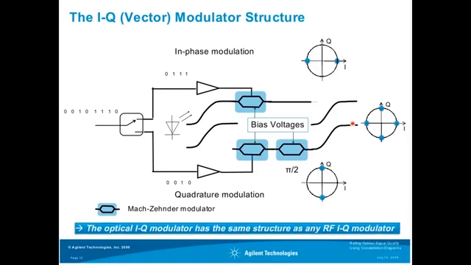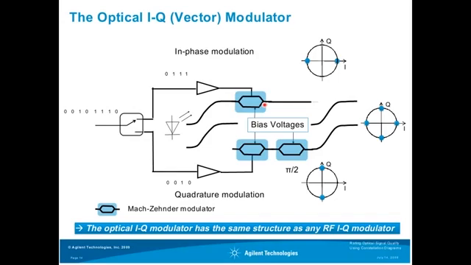So how does the optical IQ or vector modulator look? I have here a basic outline of this. Of course, it has the same structure. We have at the beginning our data stream with a multiplexer to the in-phase and the quadrature path. We have our driver amplifiers for the modulators.